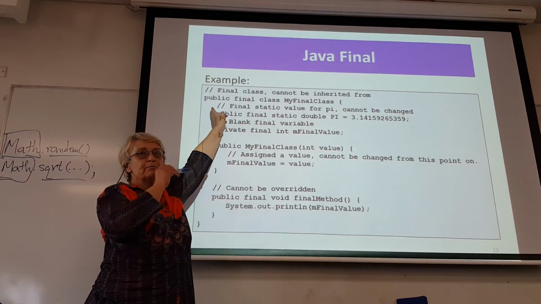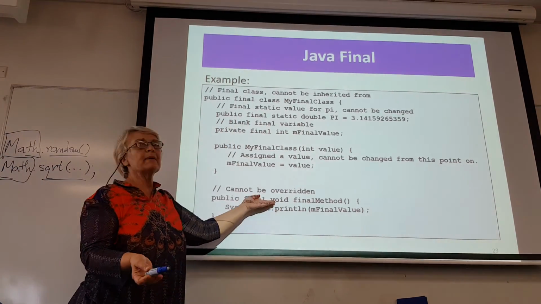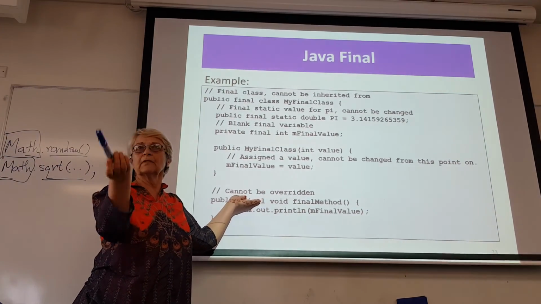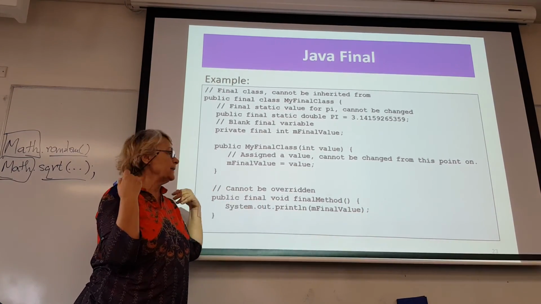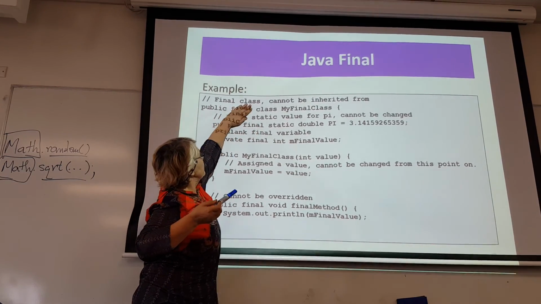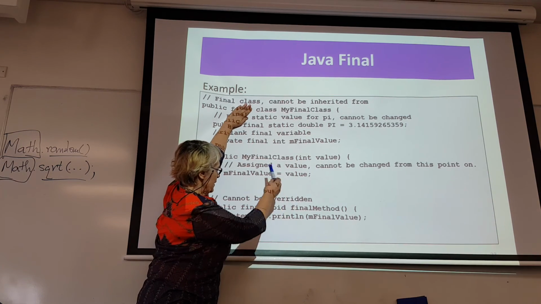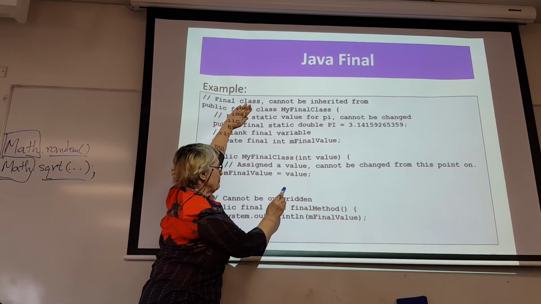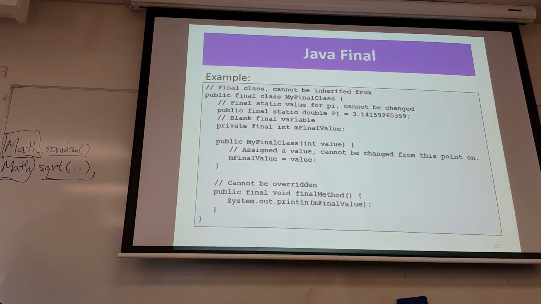This class can't be derived at all. And because it can't be derived, it doesn't make sense to override this method, right? Okay. But assuming that the class was not final, this class can be derived, therefore we prevent this method from being overridden.